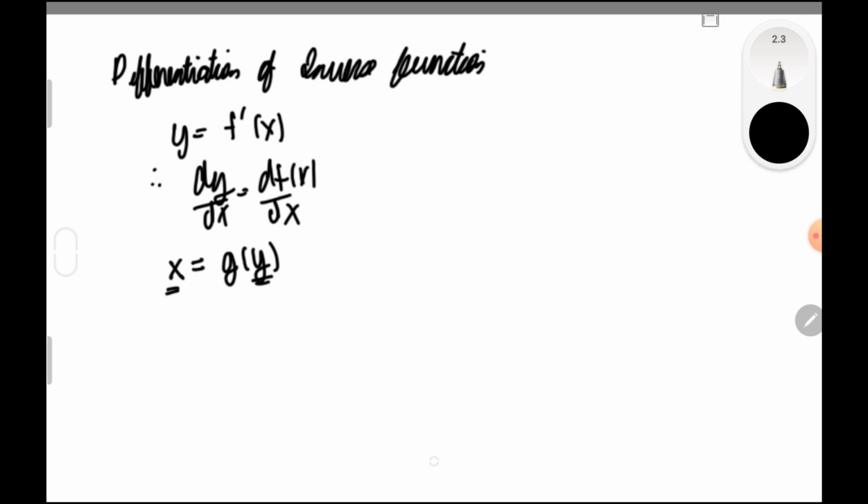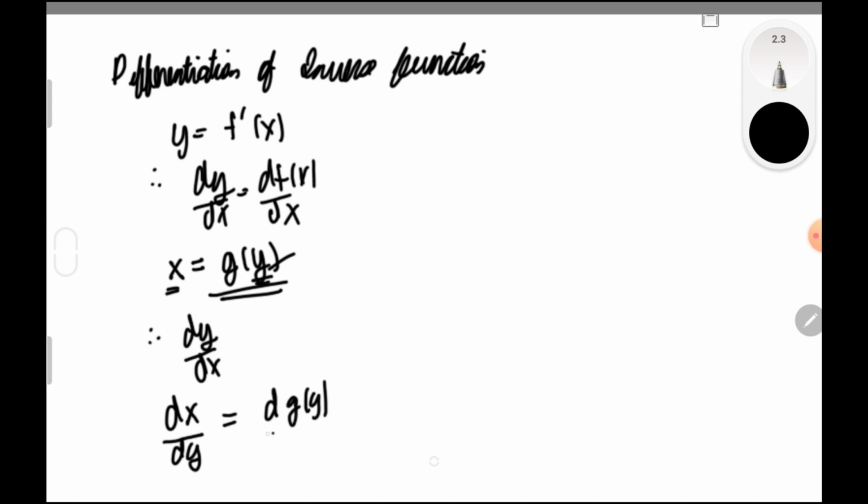So if we want to get the value of dy over dx, we first differentiate x equals g of y. We have the derivative of x with respect to y, which is equal to the derivative of g of y over dy, which is equal to dx over dy.